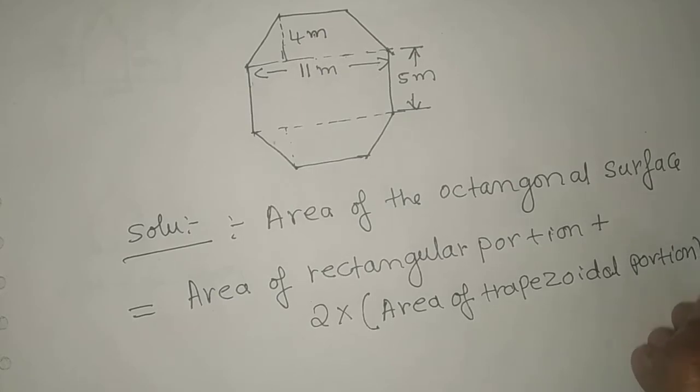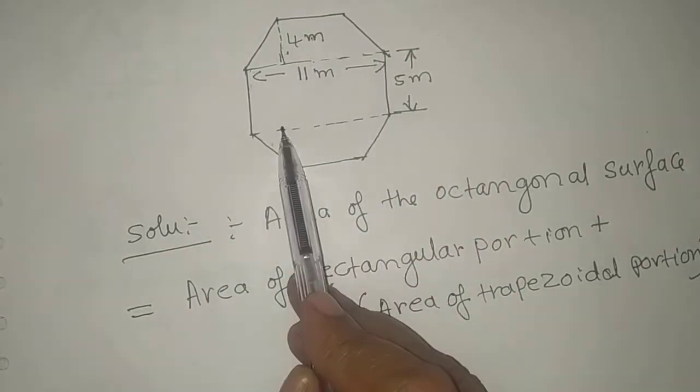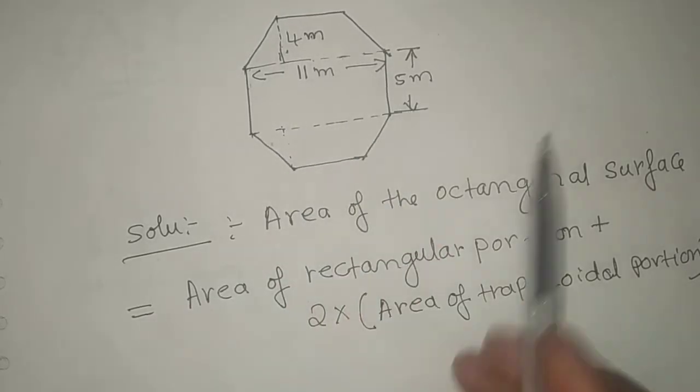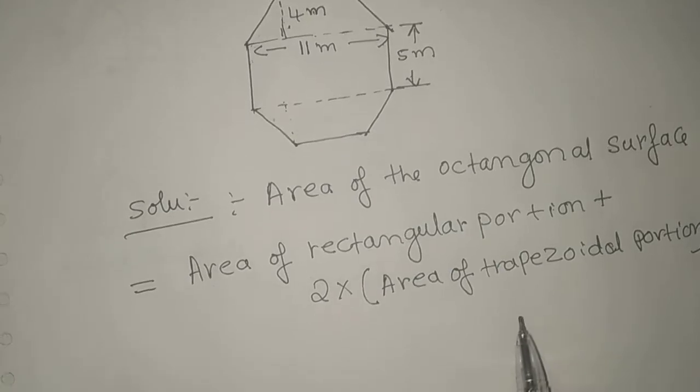So there are two parts in this. This is an octagon. This consists of a rectangle and also trapezoidal portions. So 2 into this one trapezoidal portion.